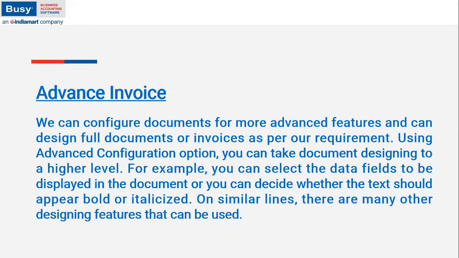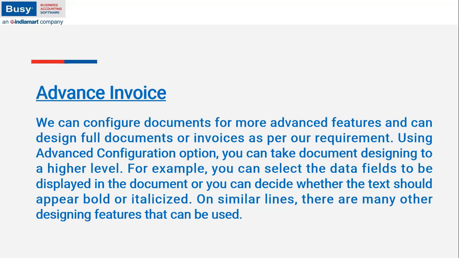But in the standard invoice, full design customization is not possible. There we have the option to customize or configure only certain basic things. But the advanced option is not like that. You can design full customization of any single invoice.